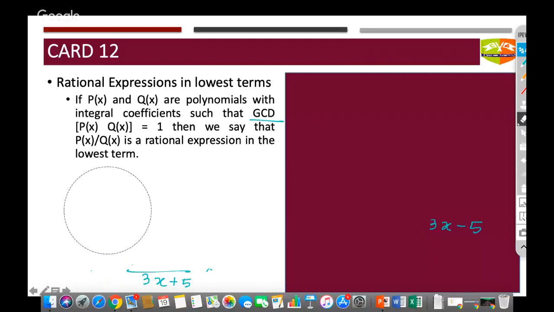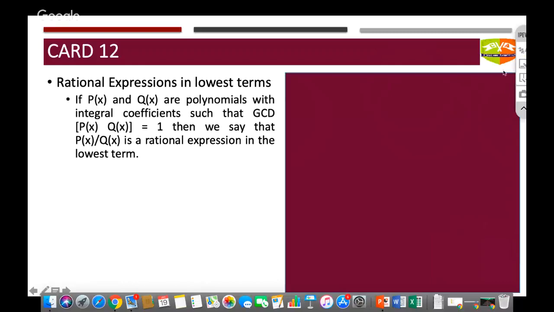So to identify whether any rational expression is in lowest term or not, we need to find out whether the HCF of numerator and denominator is 1 or not. If the HCF is 1, it means that it is in simplest form.